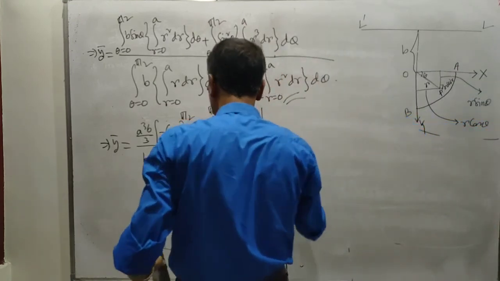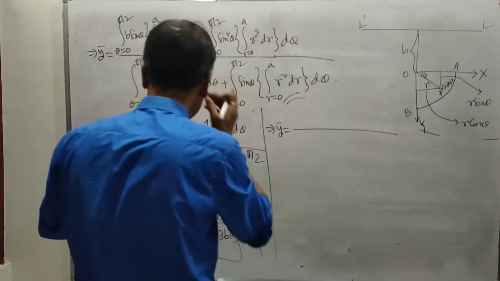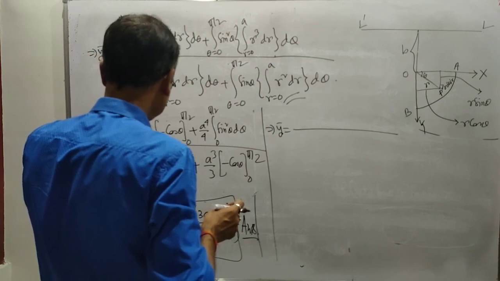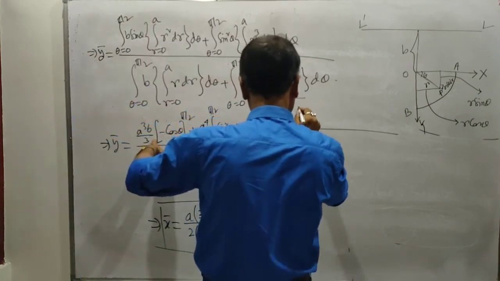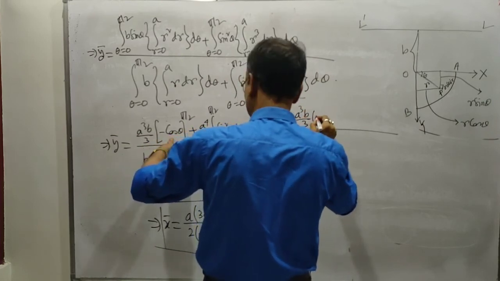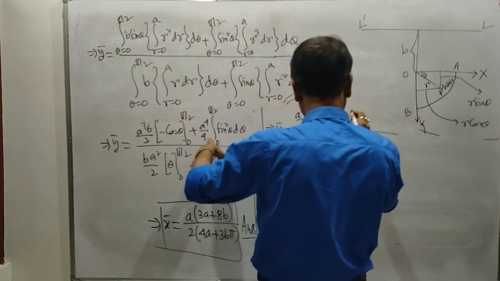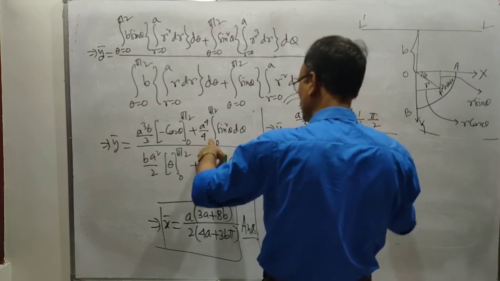Right? This means y bar equal to a cube b by 3, it is 0 minus 0 plus 1, plus a to the power 4 by 4, it is 1 by 2 into pi by 2.